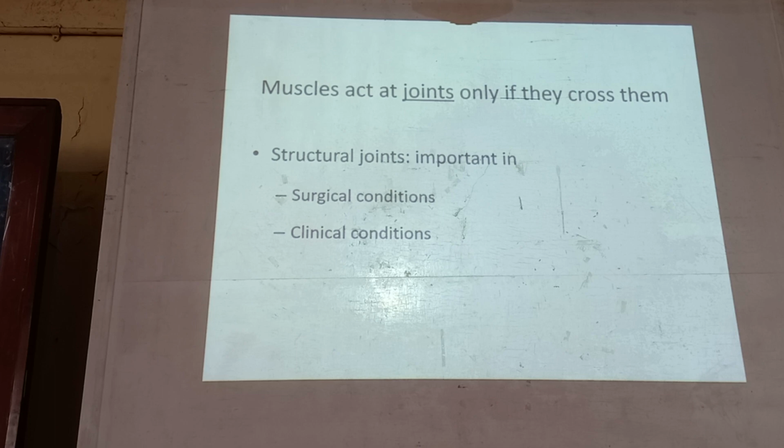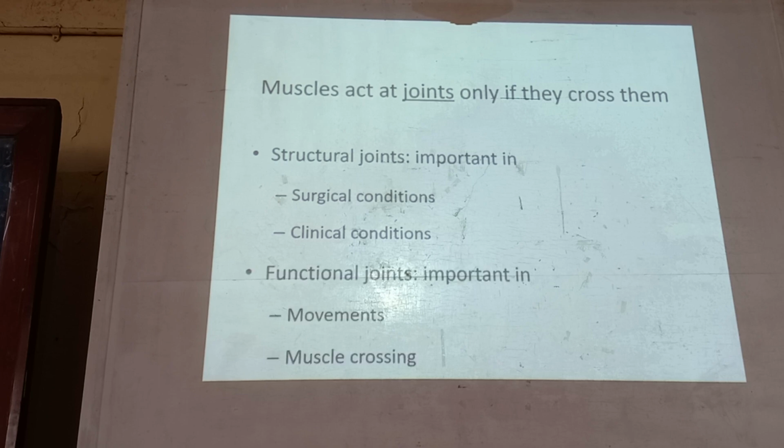We are talking about the capsule of a synovial joint, which is limiting the joint. And there is something called functional joints, which are important in movements and muscle crossing. So when we are talking about movements and muscle crossing, we are talking about vector analysis, we have to use functional joints.